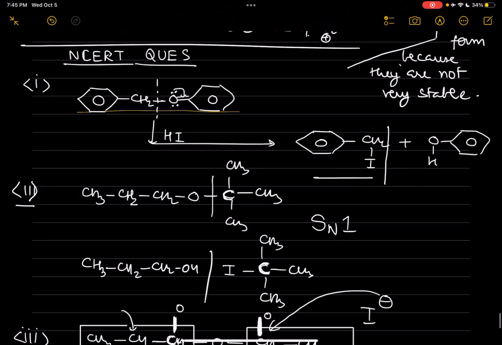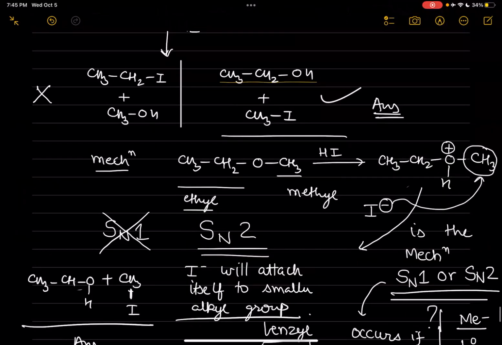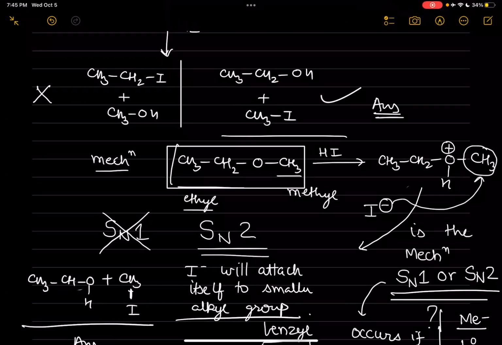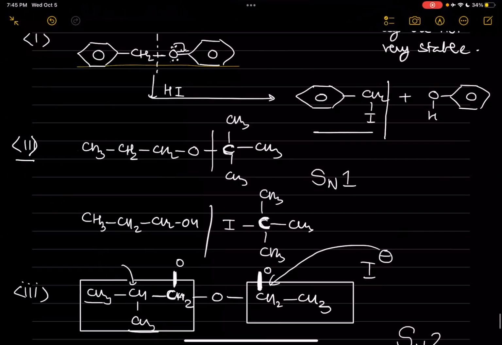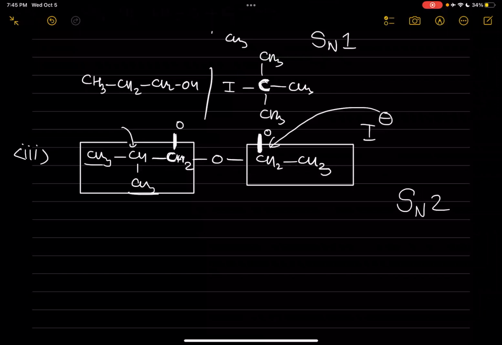This is also a very famous, very basic question. So we join I minus to methyl, the smaller alkyl group. If the carbocation is forming, the mechanism is going to be SN1 and the I minus joins the alkyl group on the more branched side.